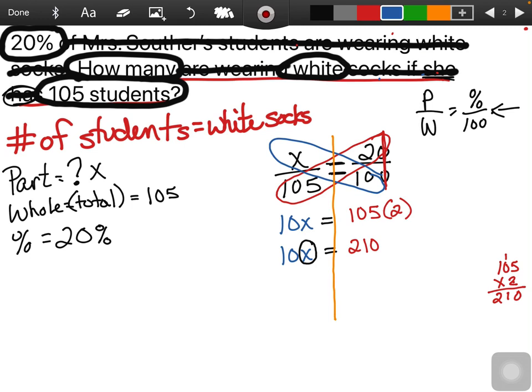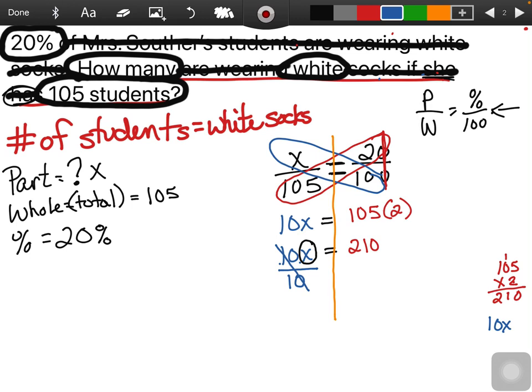I know when I have a number sitting next to a letter, that means multiply. And the inverse of multiplication is division. So if I divide by 10, instead of multiplying 10 times x, that 10 goes away because I know 10 divided by 10 is just 1.